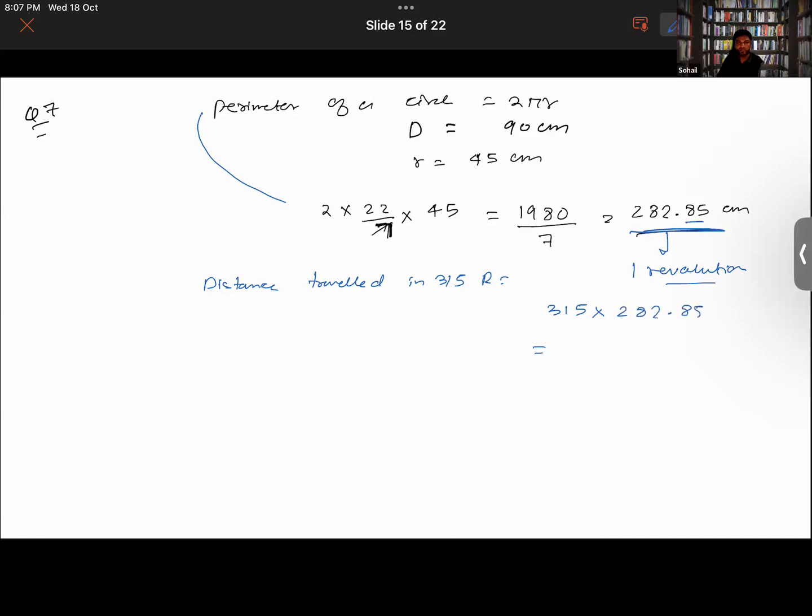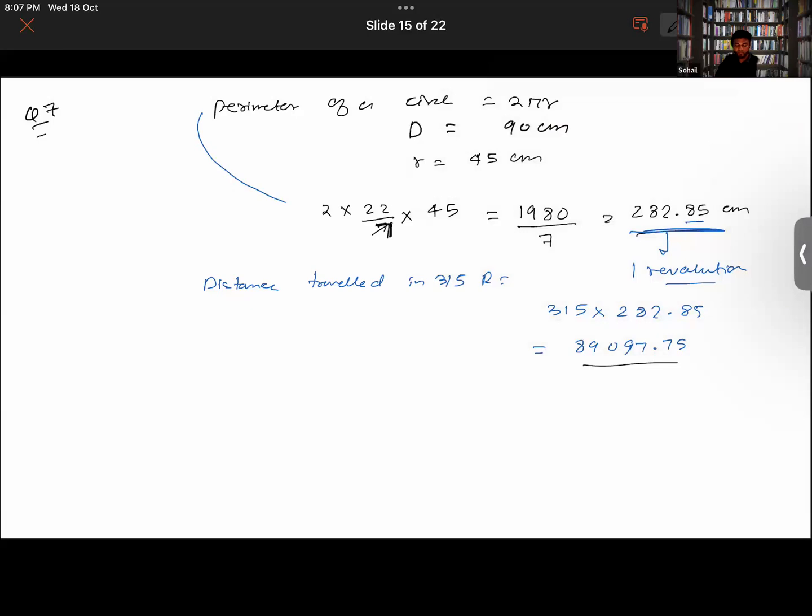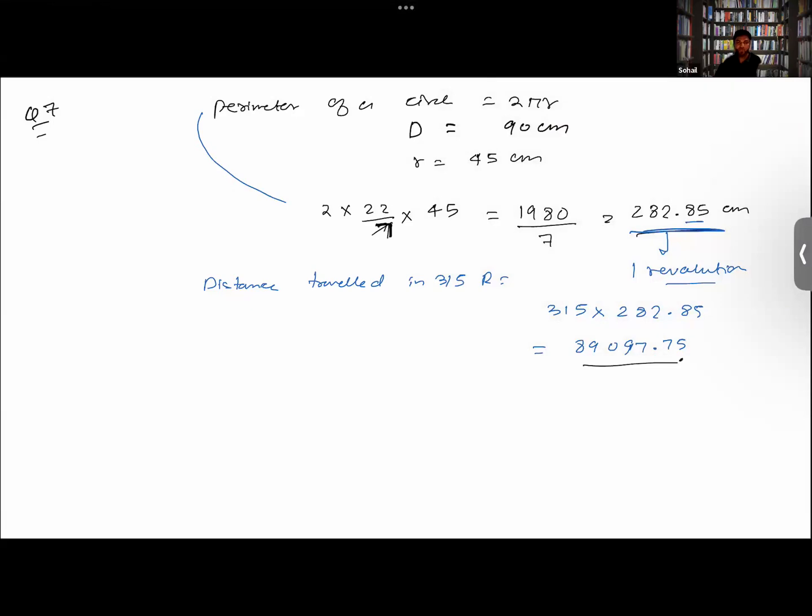So whatever answer, 89097.75. Okay. I'm assuming this value is correct. I'm not doing the calculation right now. And the question says that 315 revolutions are being done in a minute.